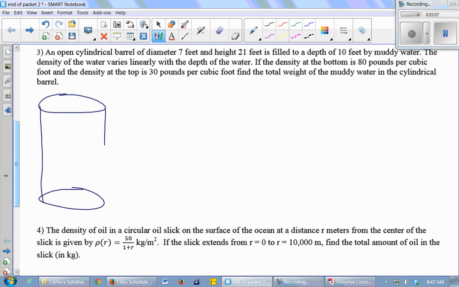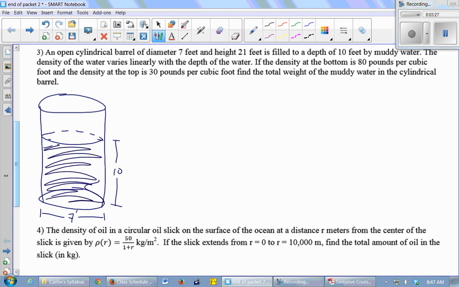Cylindrical barrel, it's got diameter 7 feet, and it's filled to a height of 10 feet with muddy water. So this is muddy water in my barrel.